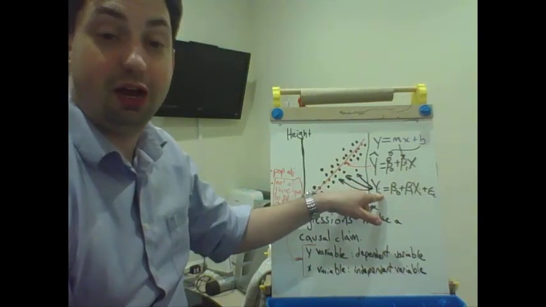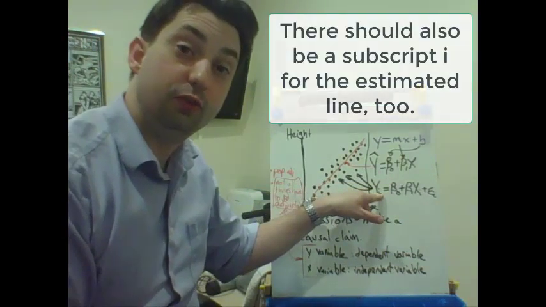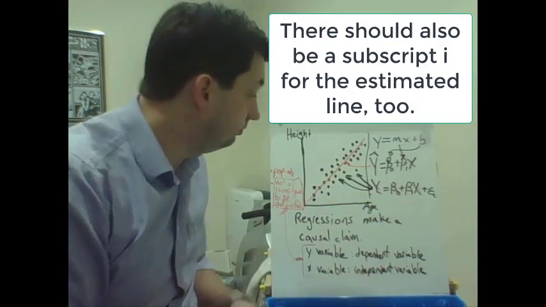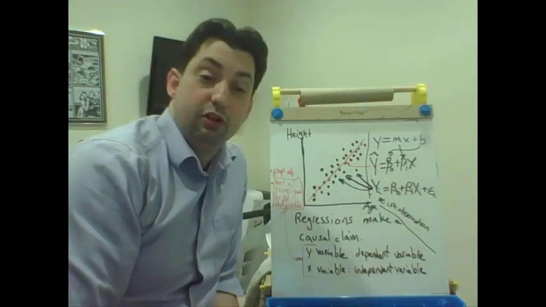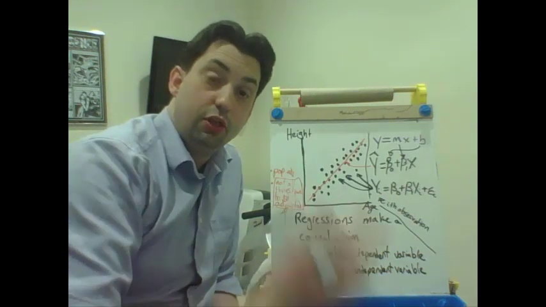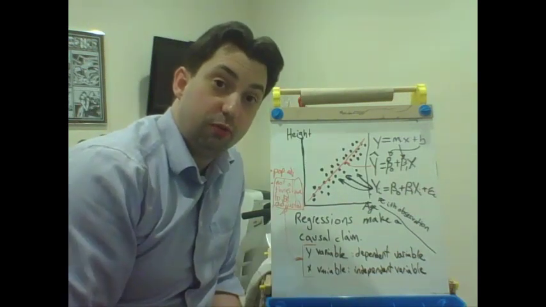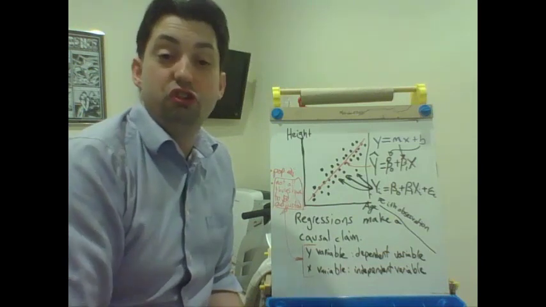That's what that subscript i means. i stands for the ith observation, as in the first observation, the second observation, the third observation, the fourth observation, and so forth. It's just a notation, little detail.